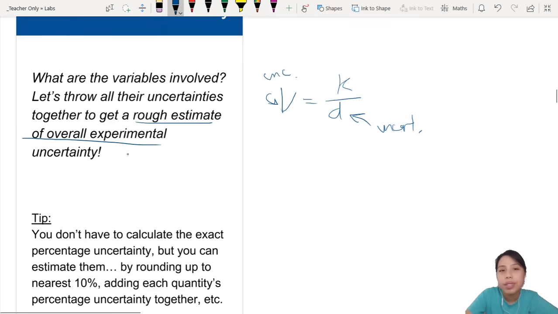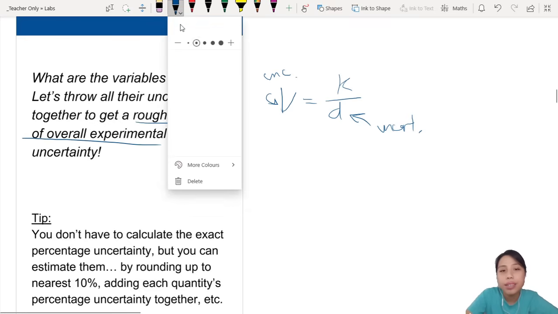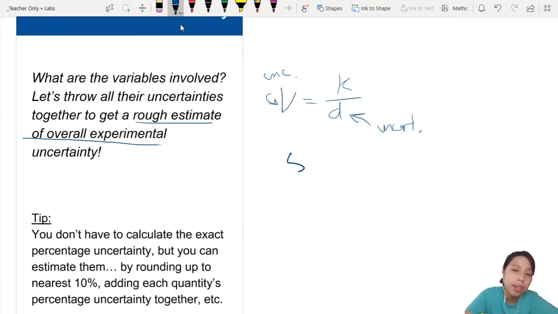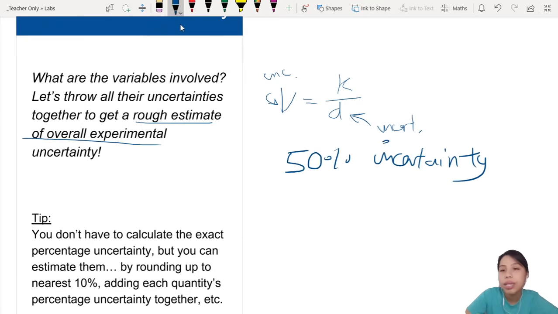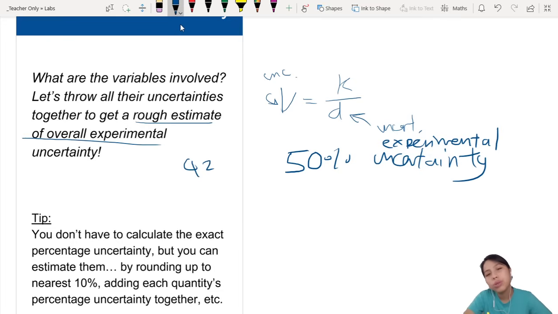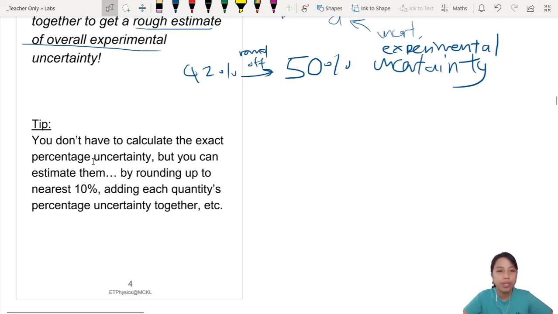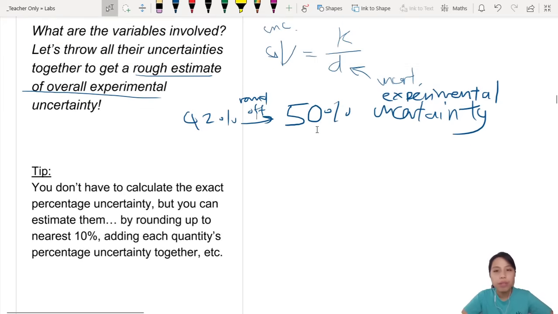Maybe earlier I estimated 50% uncertainty, and maybe it's okay. Just write what you have. This is a very rough estimate of 50% experimental uncertainty. Whatever value you get, just round off. If you get 42%, you just round off to 50, because it's very flexible. CIE doesn't care what you use here. So you got 50%.